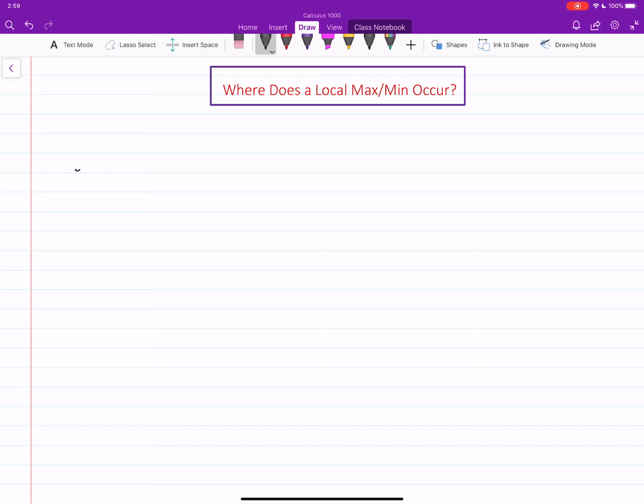What is a local max? It will be something like this happening, yes? Or it can be something like this. Well, we can go a little bit more. For example, it can be this point.